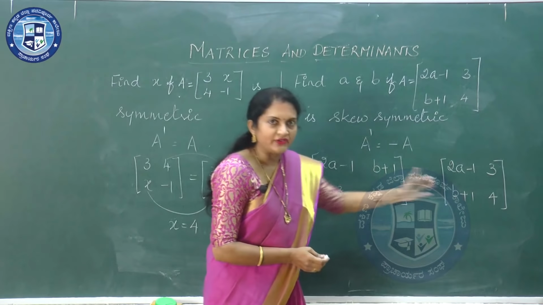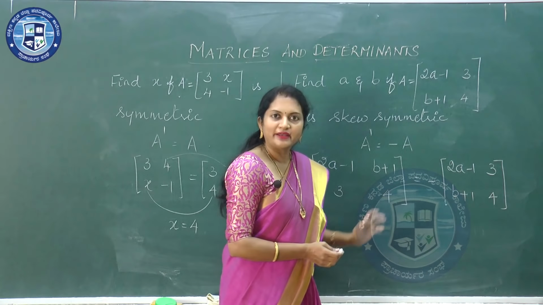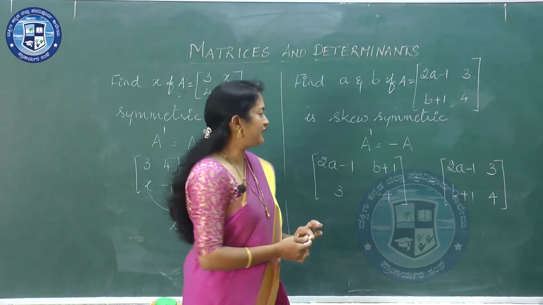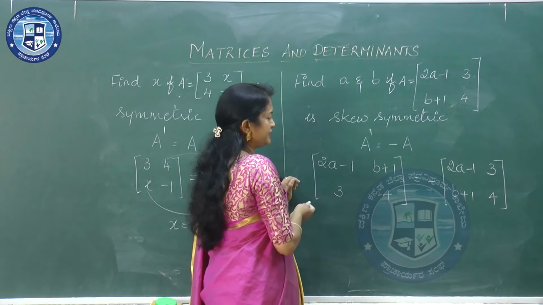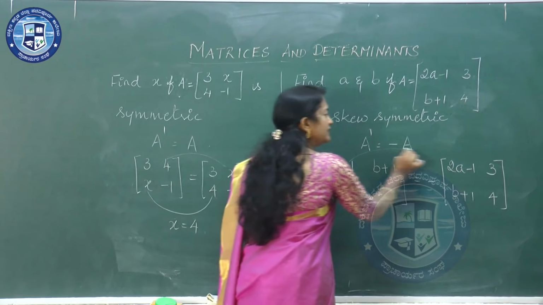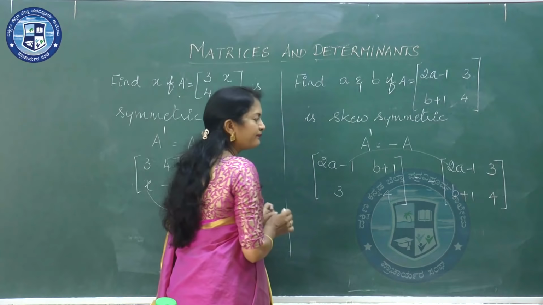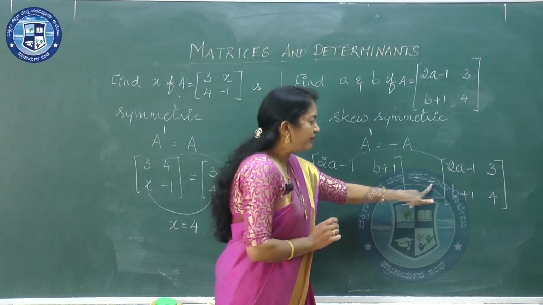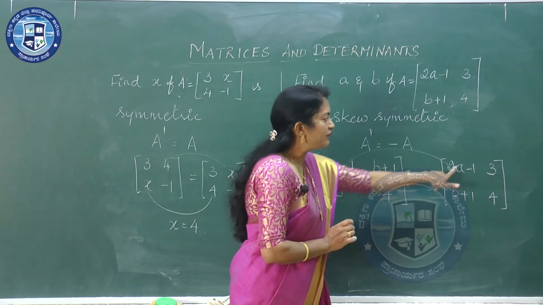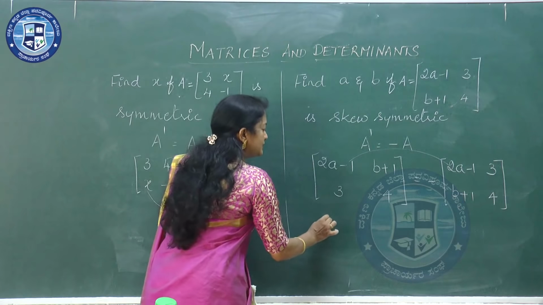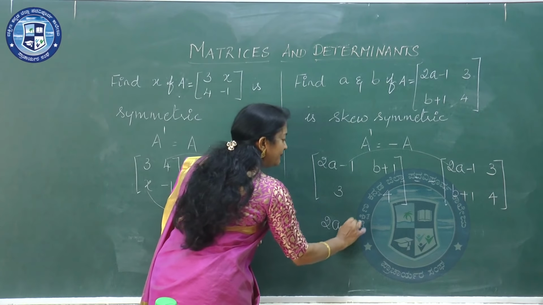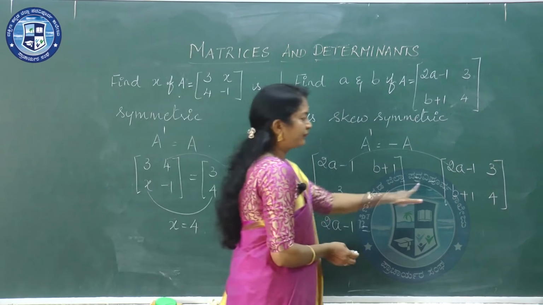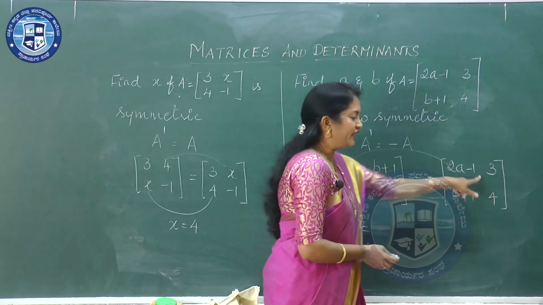Now if two matrices are equal, then their corresponding elements must be equal. So using that condition we can equate this element to this element. But before equating, be careful, the minus sign is there, and we also have to consider that. So 2a minus 1 is equal to minus of 2a minus 1.